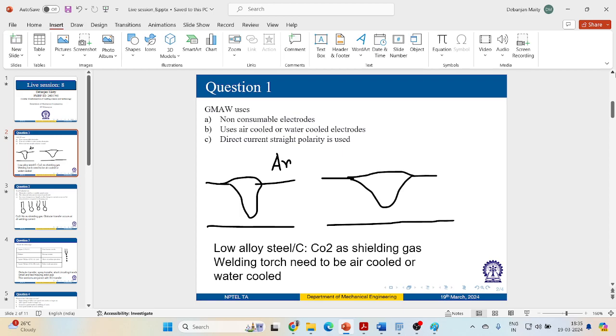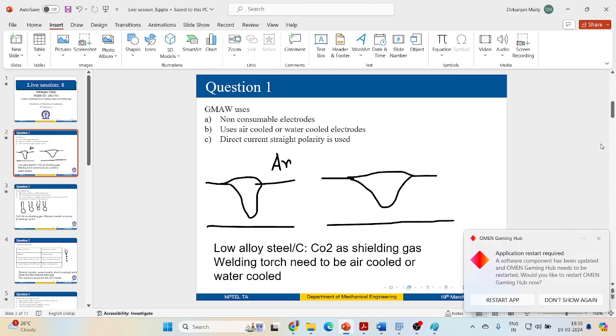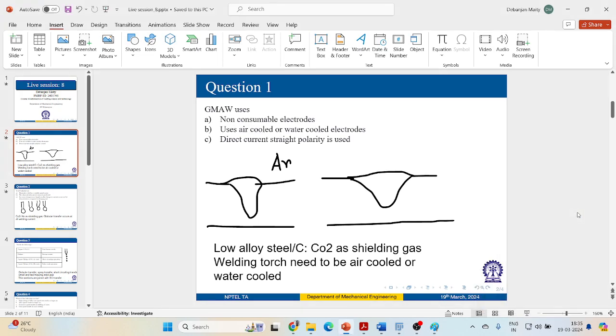So we have the push type welding torch, the pull type welding torch, and also the push pull type welding torch, right? So there are mainly three different types of welding torch: one is push type, one is pull type, and another is push pull type.